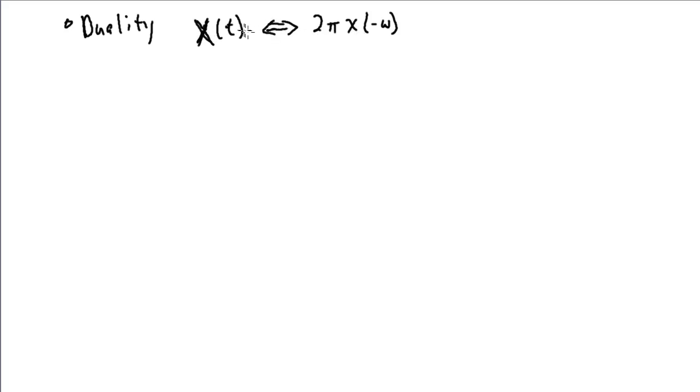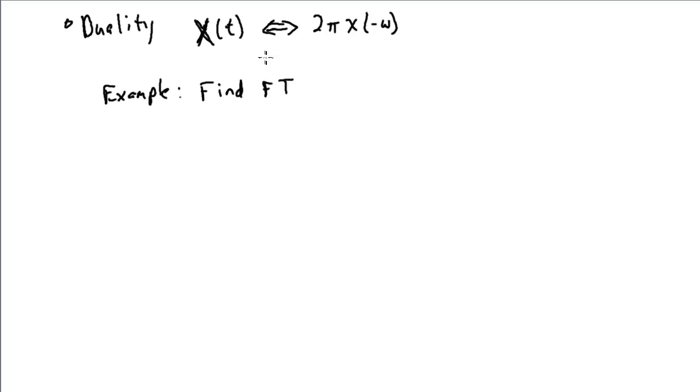This says, now, if we have a time domain function that matches one of the patterns in the Fourier transform side of our table, then its corresponding Fourier transform is 2 pi times the time function with minus omega substituting for t. So again, it will essentially allow us to look for time functions on both sides of our transform table.